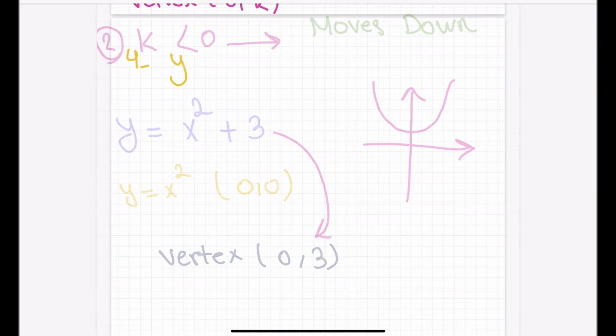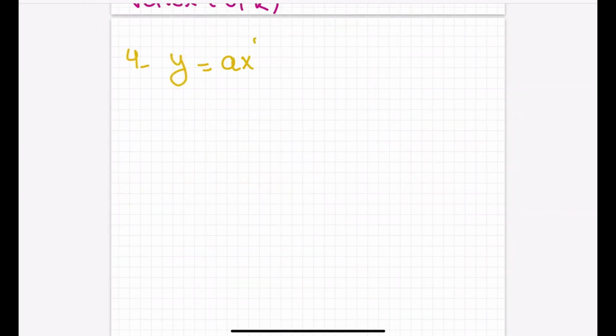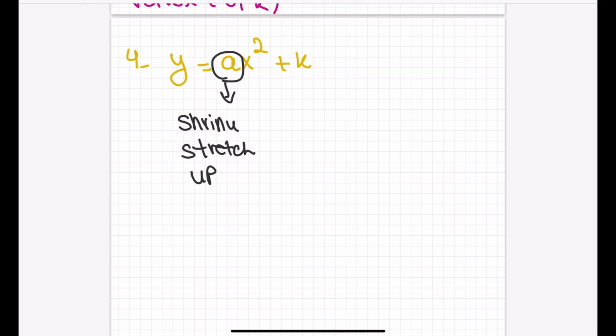Okay. y equals ax squared plus k. In this scenario, you have a included and you have k included, so you have to combine both transformations. So it's going to be if your graph is shrunk, if your graph is stretched, if your graph looks up, and if your graph looks down.